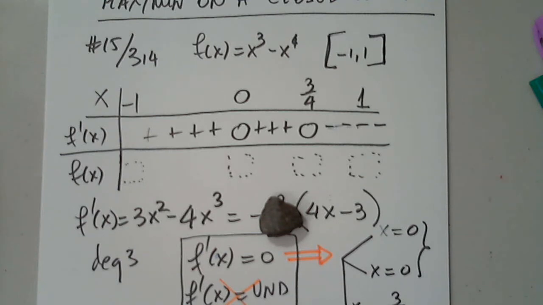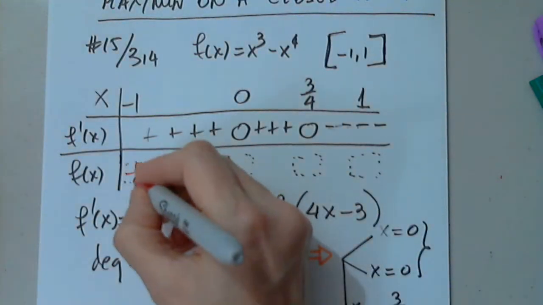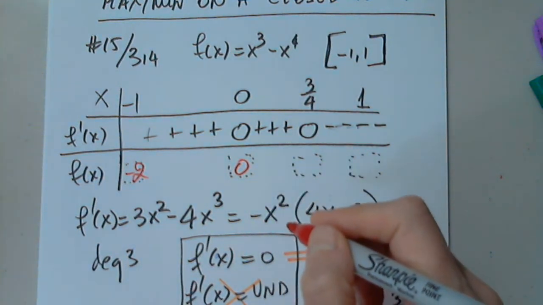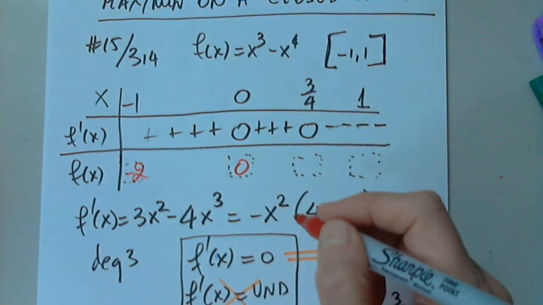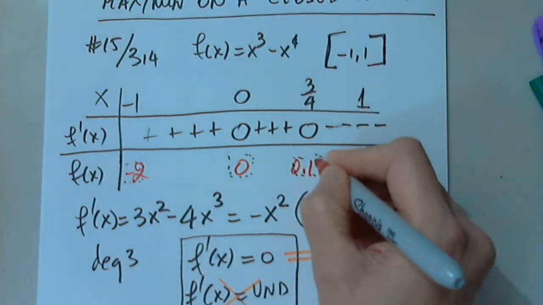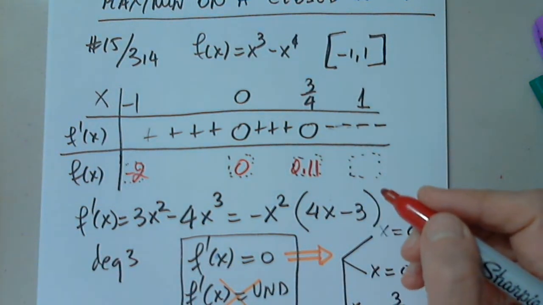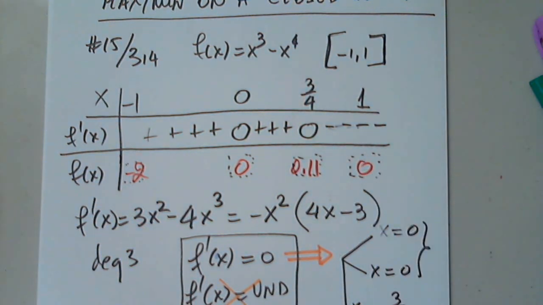And then in the table, I will plug in sequentially -1, and then 0, and then 3/4, or 0.75, and 1. I copy these values in my table, and let's see what I got. I got -2, I got 0, I got 0.11, and the last one I got 0 again at 1.